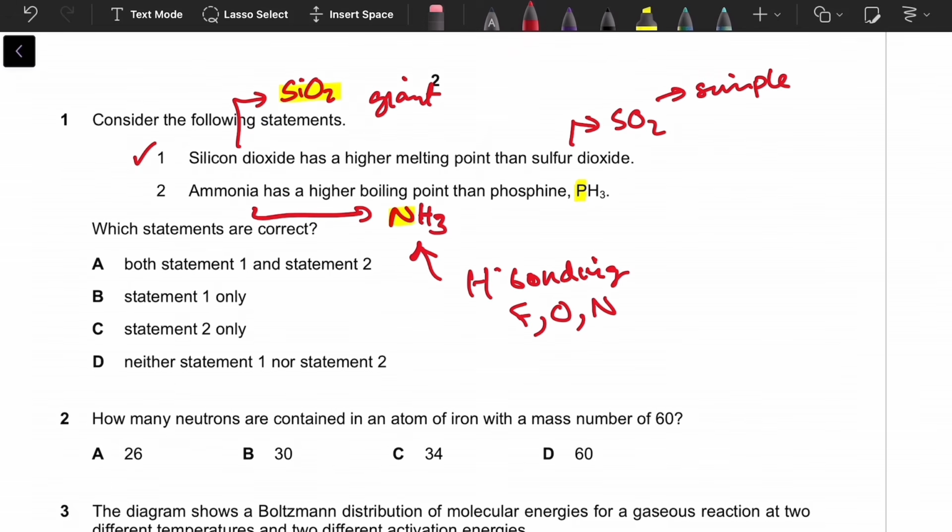In PH3 or phosphine, there is none of that, so in ammonia you'd have hydrogen bonding, and in PH3 you'd have dipole-dipole forces. So, as we know, hydrogen bonding is a lot stronger, therefore ammonia has a higher boiling point, meaning that both statements are correct, and the correct answer is A.